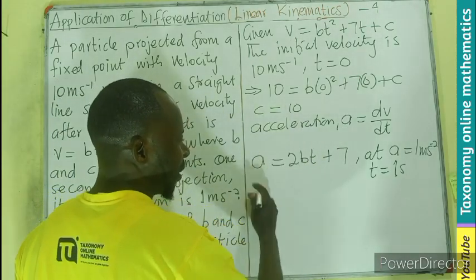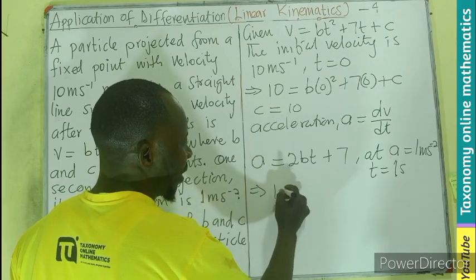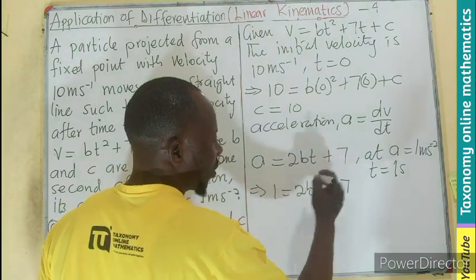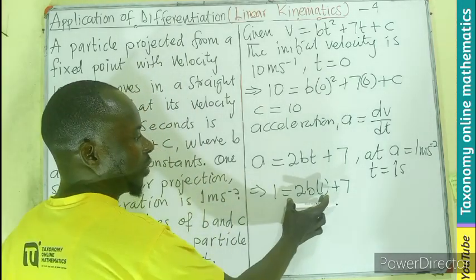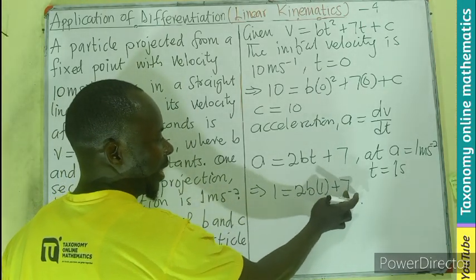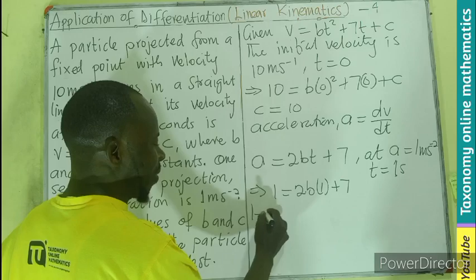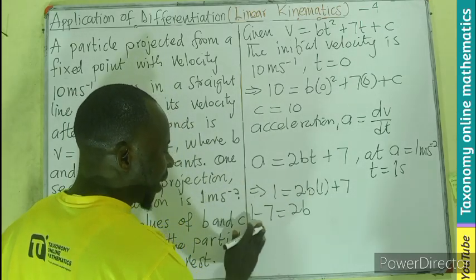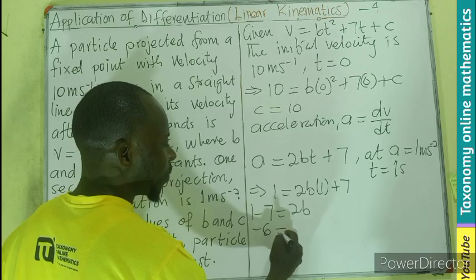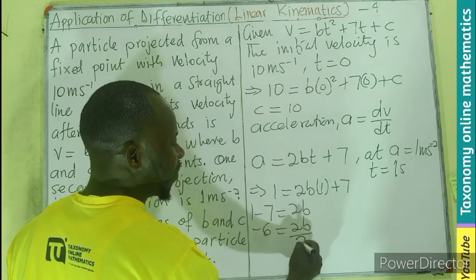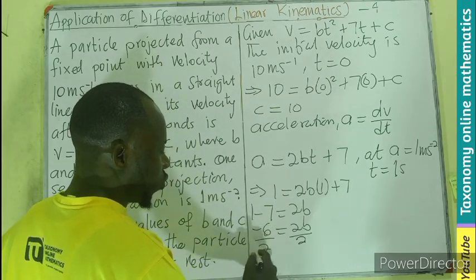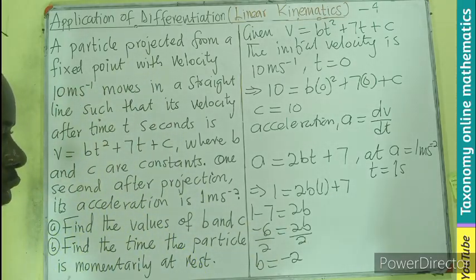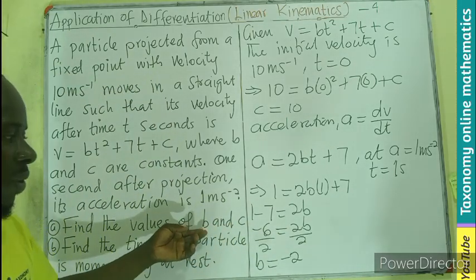So substitution helps us to have 1 equals 2b times 1 plus 7. This will remain 2b, then the 7 comes over to become 1 minus 7 equals 2b, that is minus 6 equals 2b. We divide by 2, and b gives us minus 3. So now we know the b as the question requires.